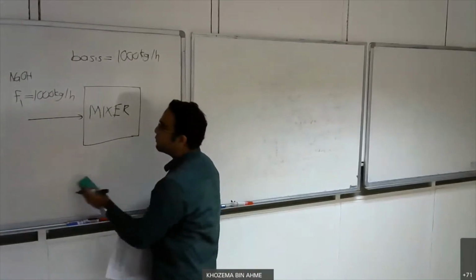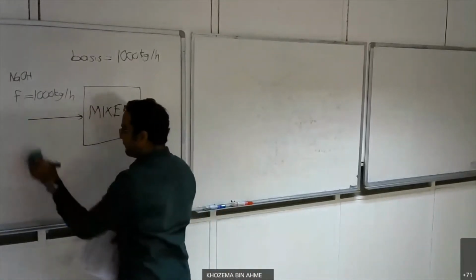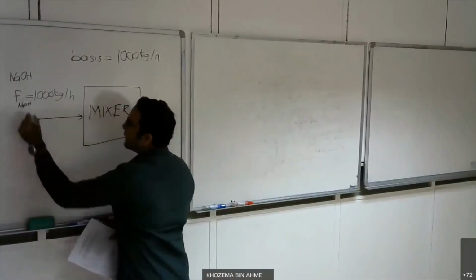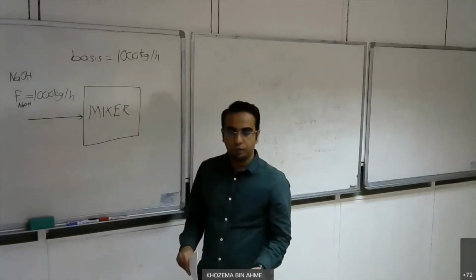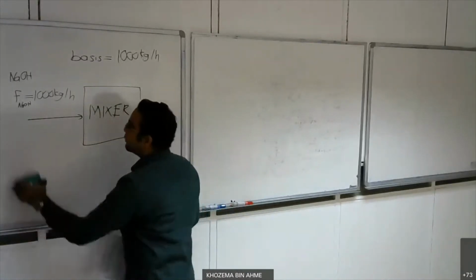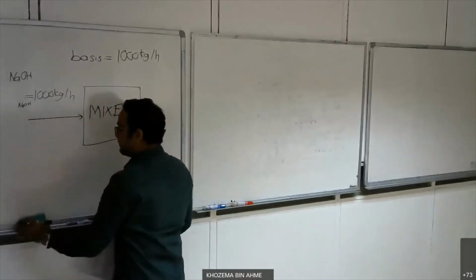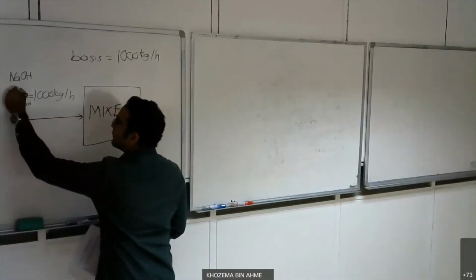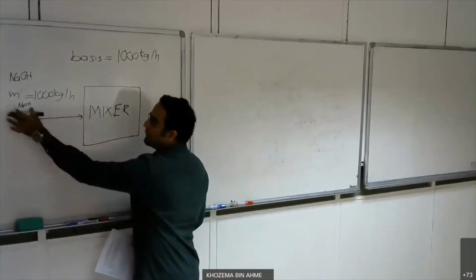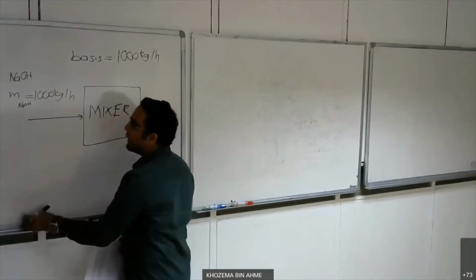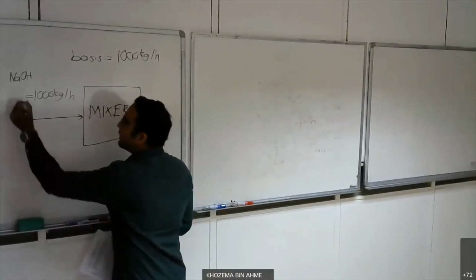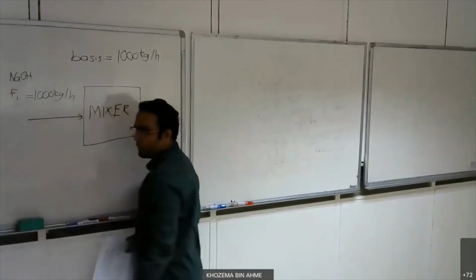Sometimes you can also put F and NaOH, meaning the feed of NaOH. Okay, so it's up to you. Or you can also put M and NaOH, as long as you know what this represents. If I put here F1, I know that my F1 here is for feed of NaOH.